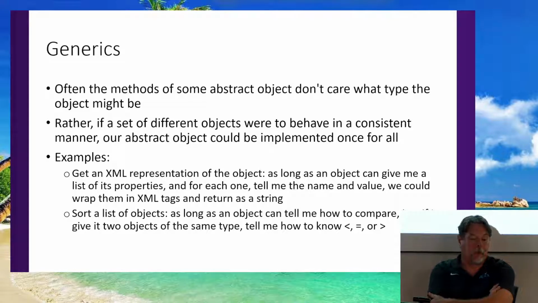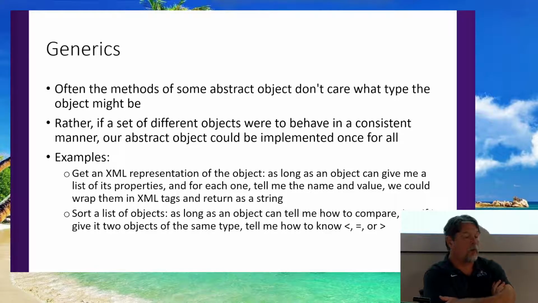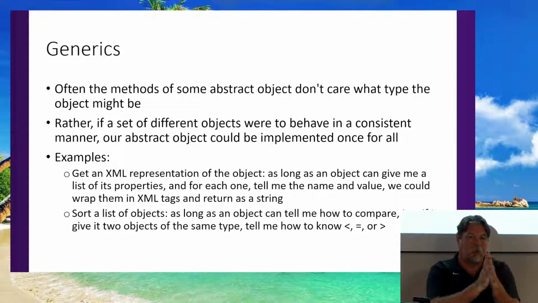Anyway, so generics. Sometimes you need to implement something where you don't care what the kind of object is. The contract to do that, like this iterator that we saw, is going to work the same regardless. And I want to be able to implement those things and support all of the existing data types.